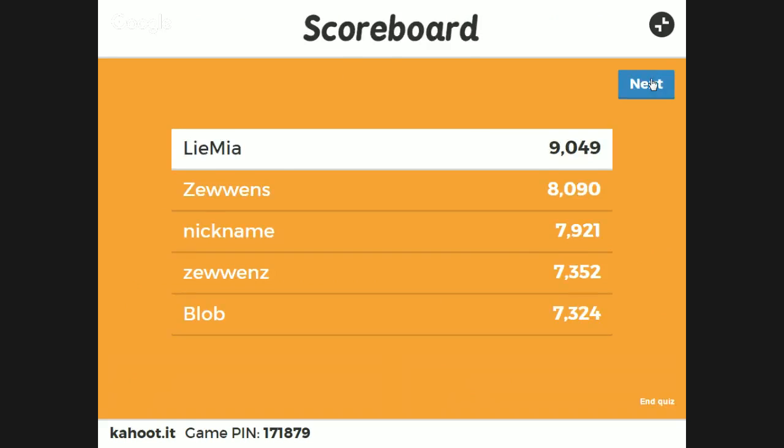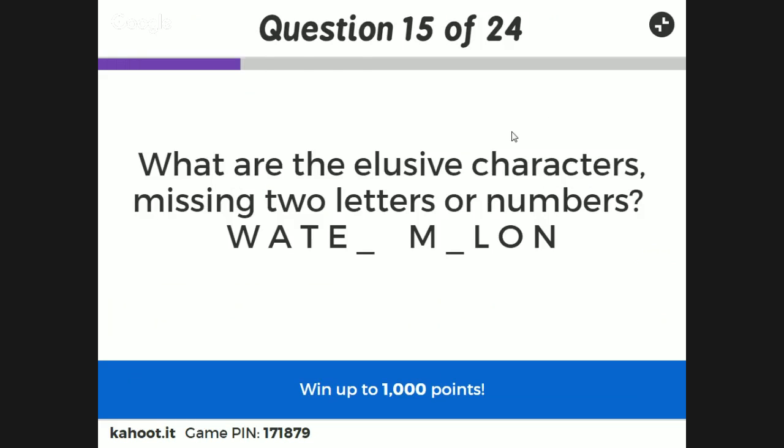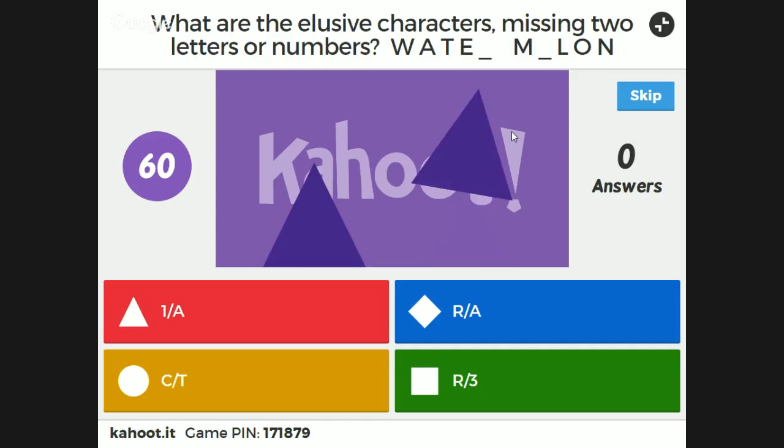Here we go. What are the elusive characters? Missing 2 letters or numbers. I'm giving you a minute for this one. Think carefully.